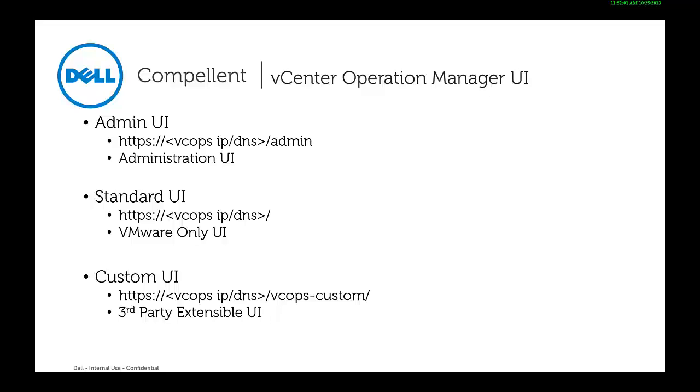The standard user interface contains VMware-only information and can be accessed directly by its IP or DNS name without a slash. The custom UI, which is extensible to third parties such as the Compellent Solution Pack, can be accessed with /vcops-custom. We'll be spending most of our time in the demo in the custom UI today. We'll cover each of these UIs in the demo here shortly.